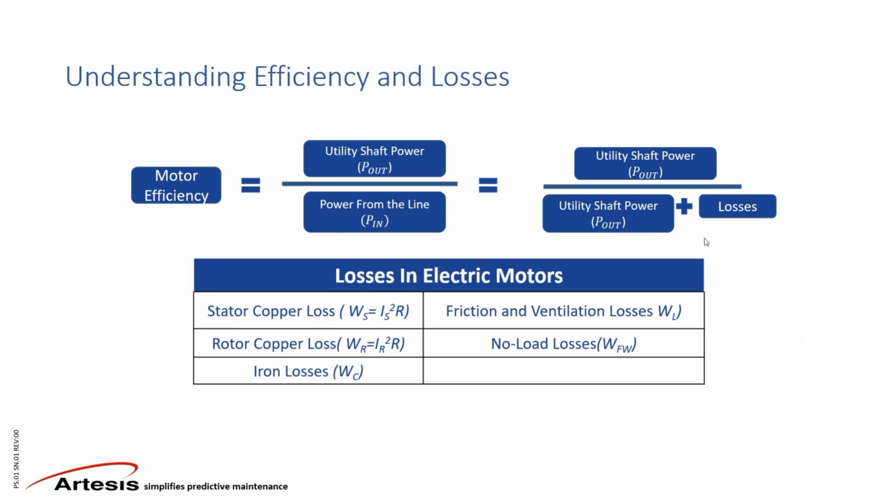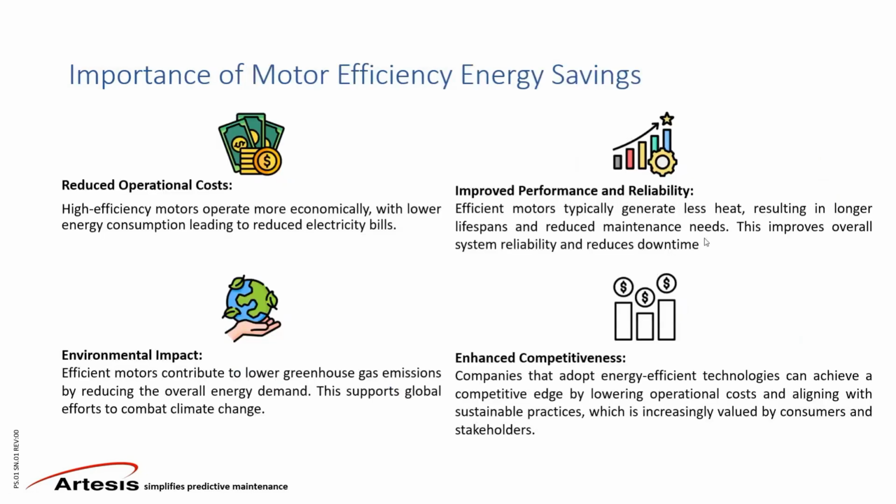The temperature inside the motor gets higher. All of this energy turns into heat, so we are trying to minimize these heat losses. This is essentially how efficiency works in the motor.